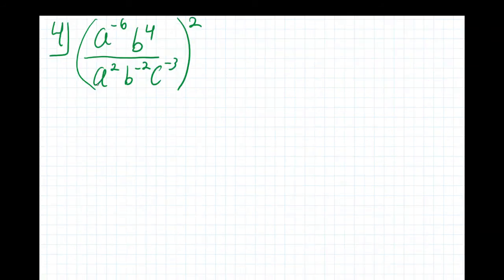So here we have a to the negative 6th, b to the 4th all over a squared, b to the negative 2nd, c to the negative 3rd, all to the 2nd power. So with this, first, I suggest simplifying everything inside your parentheses. So that means a to the negative 6th is going to get moved to the bottom.